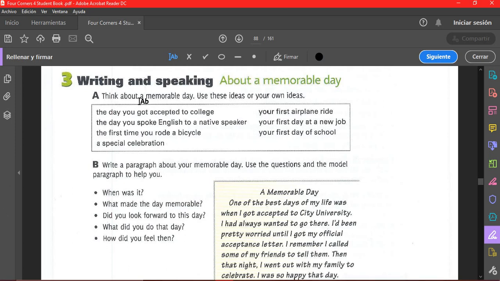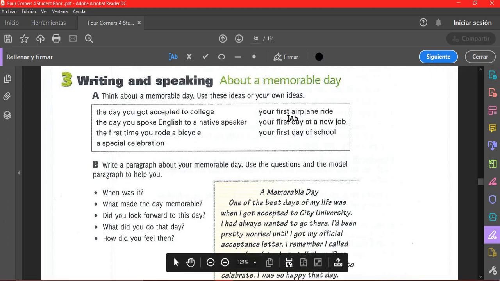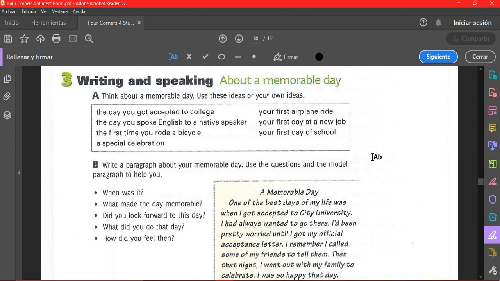You think about a memorable day, use these ideas or your own ideas. We have the situations: the day you got accepted to college, the day you spoke English to a native speaker, the first time you rode a bicycle, a special celebration, your first airplane ride, your first day at a new job, or your first day at school.